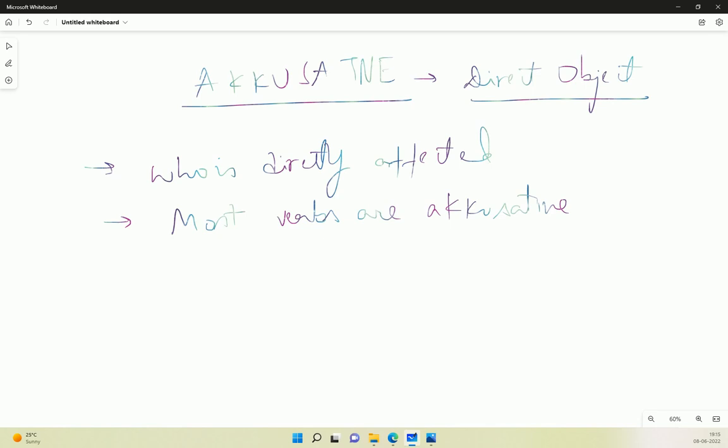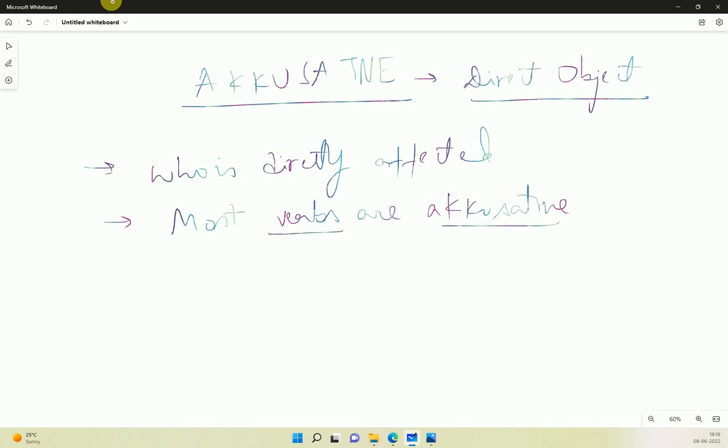A verb can either be in accusative or in dative. It's kind of a supporting thing. Normally we talk only about nouns when we talk about cases, but there are verbs. In fact, most verbs have a property to denote whether they are in accusative case or in dative case. There are certain verbs which are in both cases also, but they are very few. So most of the verbs are in accusative case.